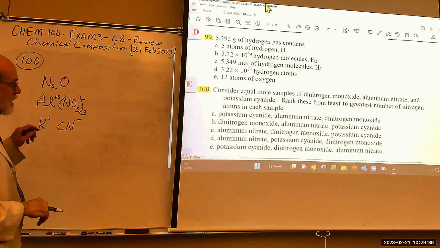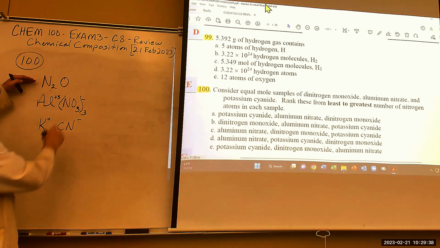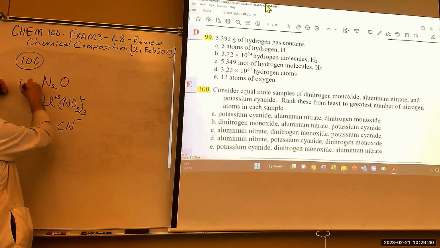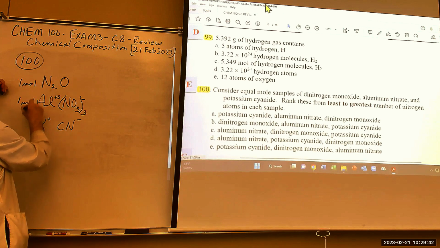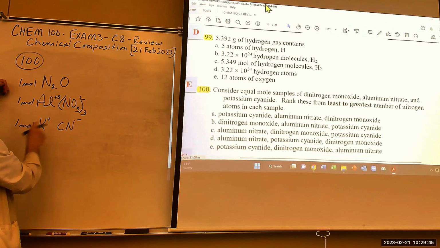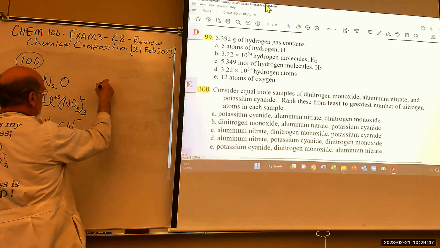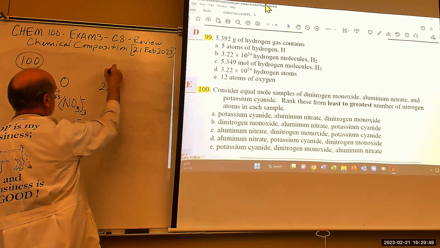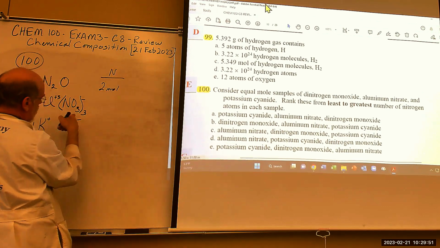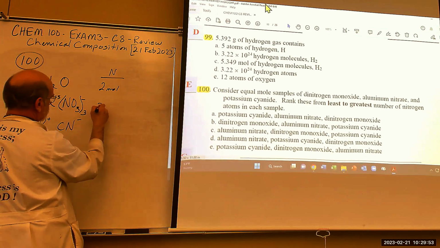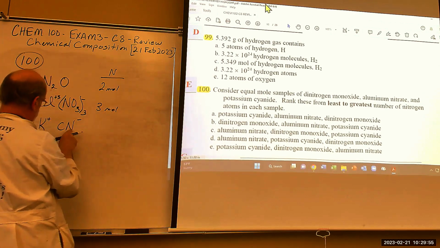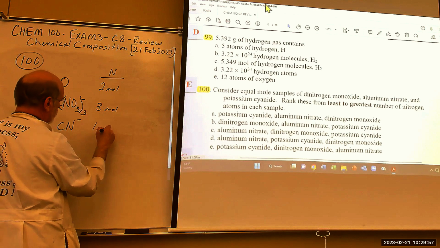All right, so if you've got a mole of each one, how many moles of nitrogen do you have? We have 2 moles here of nitrogen. Here we have 3 times, that is 3 moles of nitrogen. And this one has 1 mole of nitrogen.